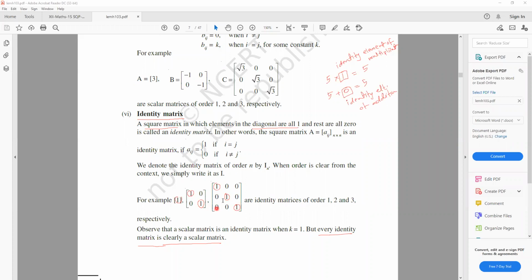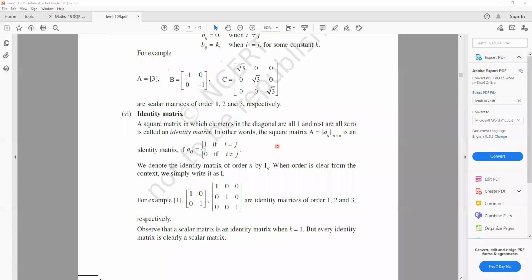If you multiply a matrix with this identity matrix, you will get the same matrix; that we will come to later, like how to multiply two matrices. But right now, just understand what is known as identity matrix. So we have seen 6 different types of matrices: row matrix, column matrix, square matrix, diagonal matrix, scalar matrix, and identity matrix. Okay, clear?